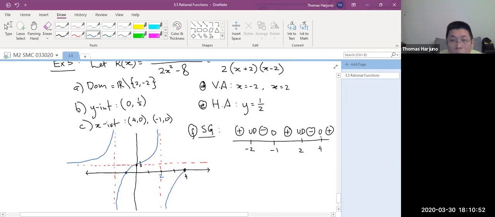And between 4 to infinity, it's positive, but we have a horizontal asymptote there, so it will go very, very close. So I hope you see how the sign graph actually helps us in graphing this.